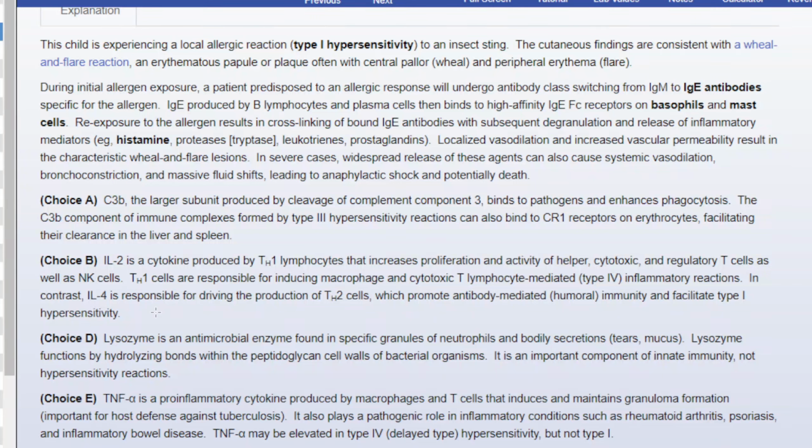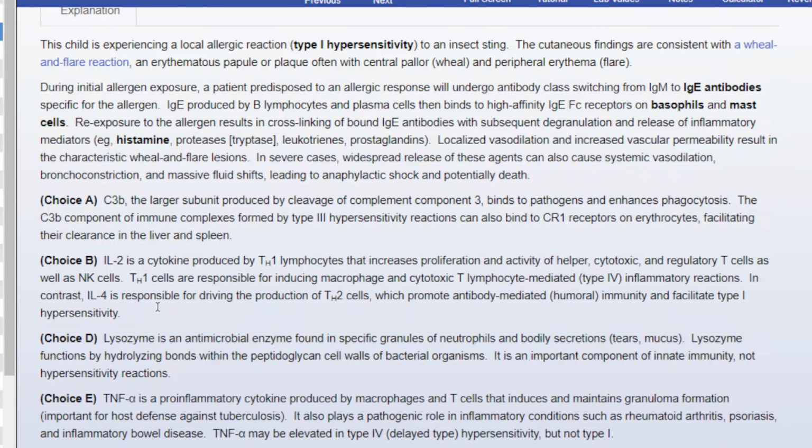So, localized vasodilatation and increased vascular permeability result in the characteristic wheal and flare lesions. In severe cases, widespread release of those agents can cause systemic vasodilatation, bronchoconstriction and massive fluid shifts, leading to anaphylactic shock and potential death.